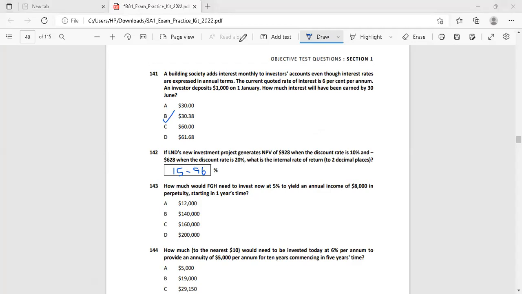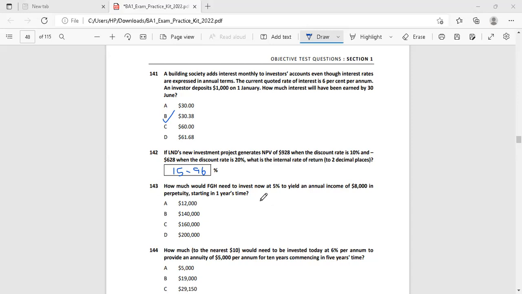143 says how much would FGH need to invest now at 5% to yield an annual income of 8,000 in perpetuity, starting in 1 year's time. See, perpetuity is forever, it will be received.